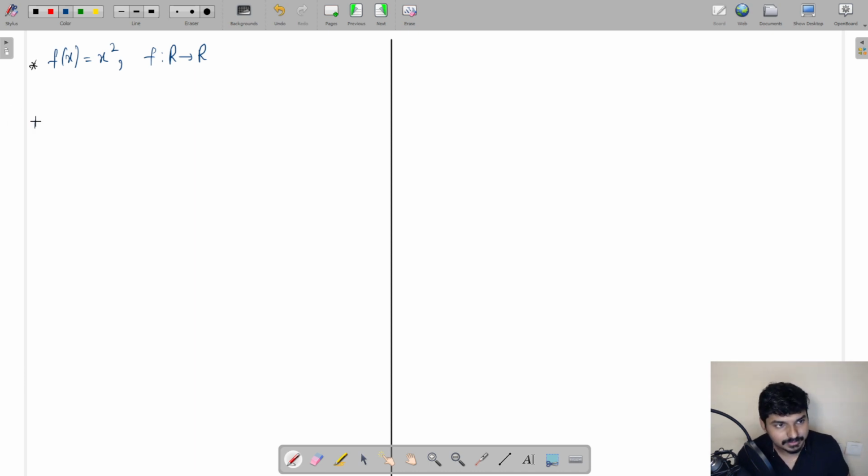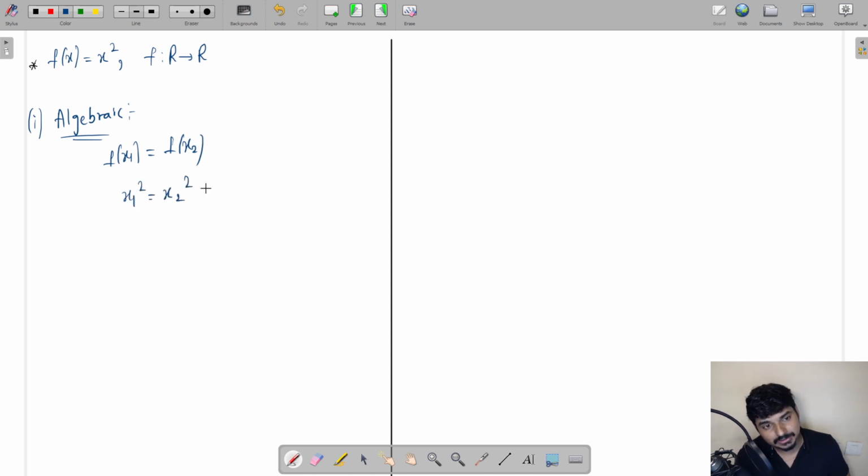The first method, what is that going to be? Well, we do have the algebraic method. In the case of the algebraic method, what I told you, you have to start with the condition f of x1 equal to f of x2. So f of x1 would be x1 square, f of x2 would be x2 square. So x1 square is equal to x2 square, which can also be written as x1 square minus x2 square is equal to 0.